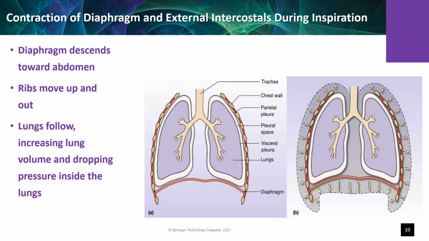The internal intercostal muscles pull the ribs down and narrow the rib cage and the thoracic cavity. This compresses the lungs from the circumference. The combined movements create positive intrapleural pressure that translates to positive pressure inside the airways, increasing the expiratory airflow.